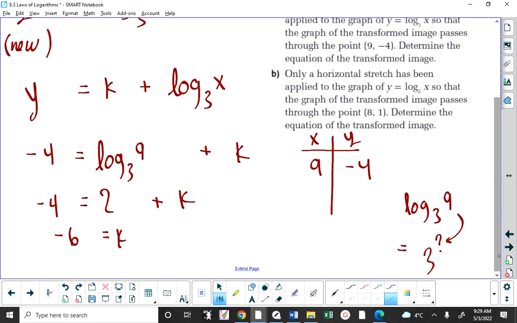When you solve on the left-hand side, your work shows negative 4 equals log base 3 of 9, and then you go negative 4 equals 2 plus k, because you made log base 3 of 9 equal to 2. Right. How come you didn't say 3 to the negative 4 equals 9?